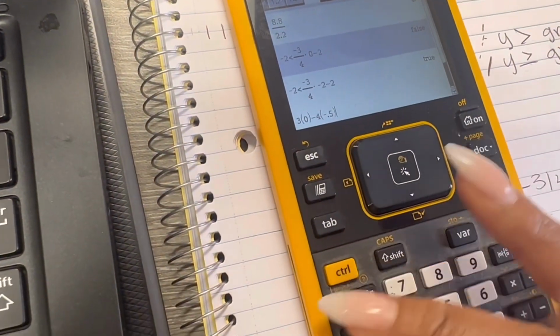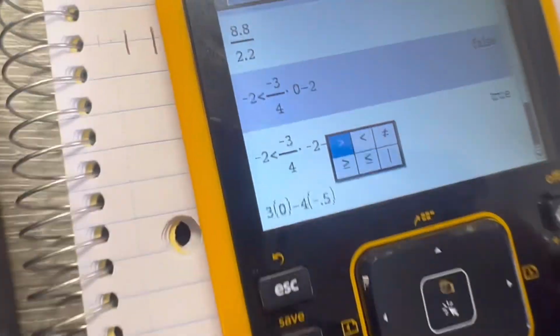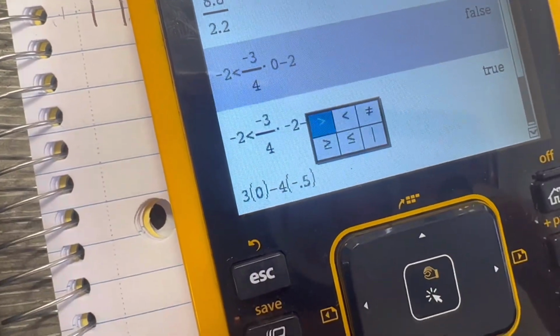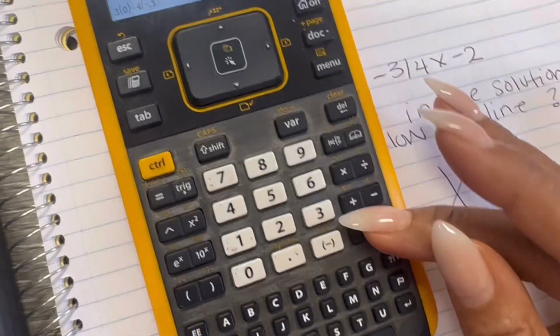Control equal. Look for your greater than symbol. There it is. And hit enter.